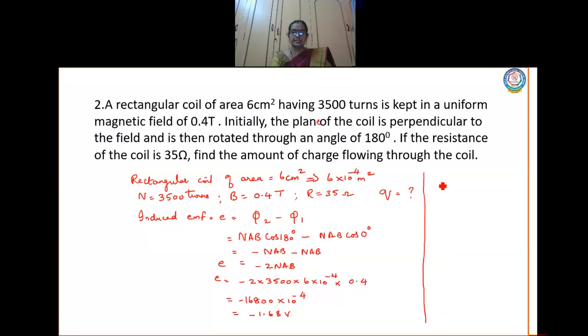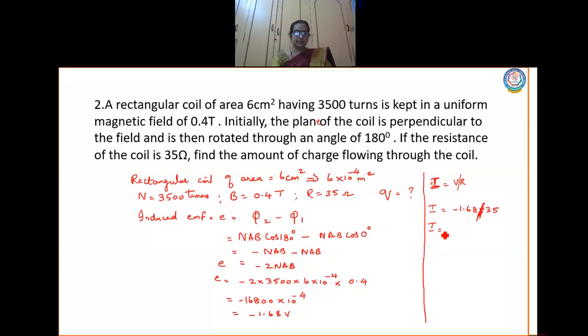Current I is equal to V by R. So substitute E here: I is equal to 1.68 divided by the resistance, which is 35. Sorry, I is V by R, so it is division.